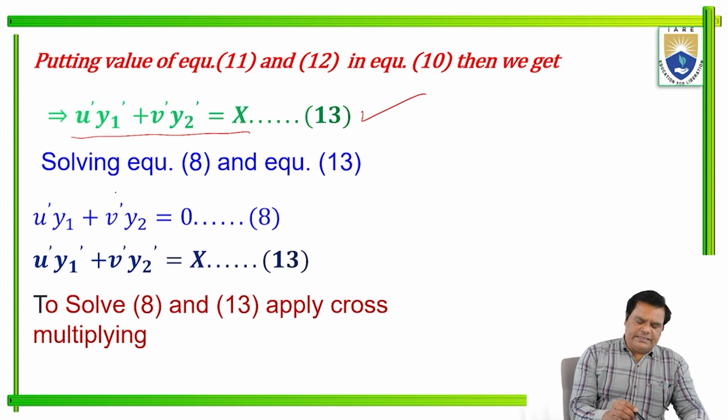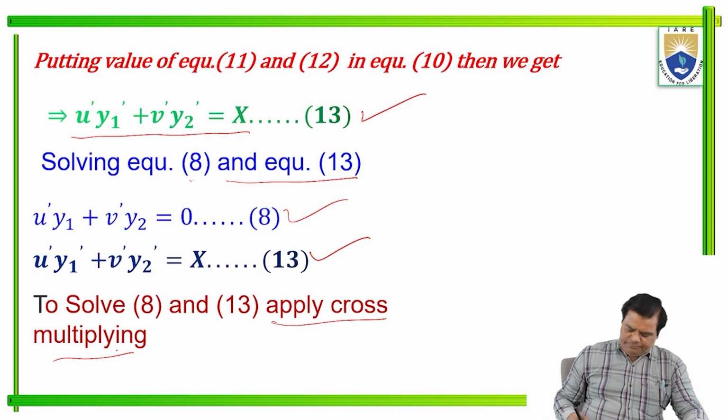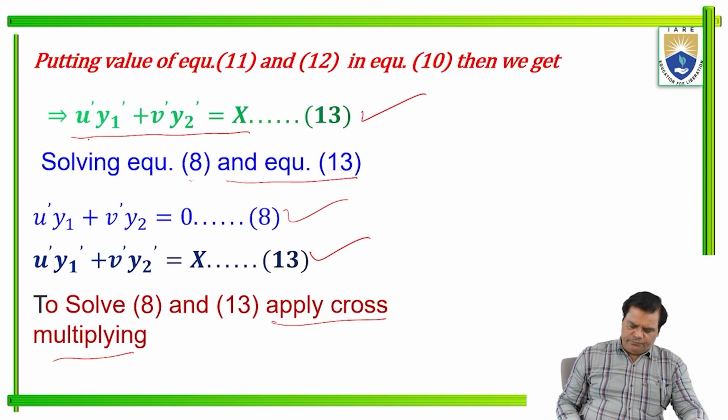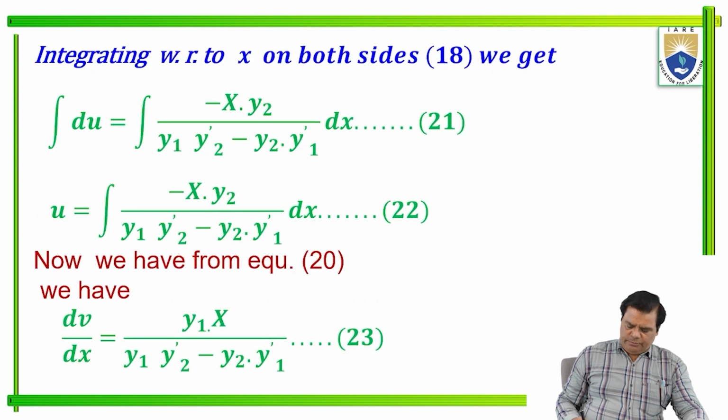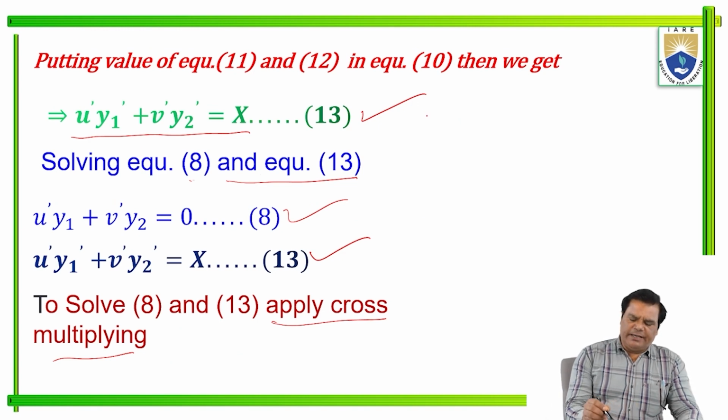Now this result is x. Solving equation 8 and equation 13, apply the cross multiplication formula. After cross multiplication, u dash upon this, with this minus sign.